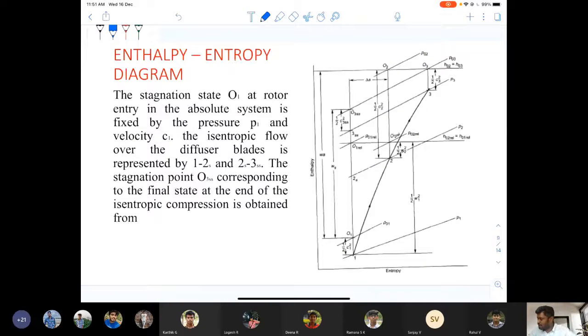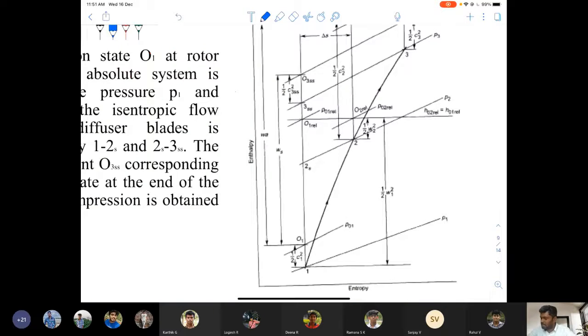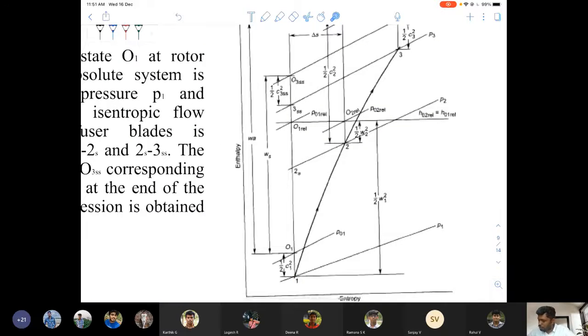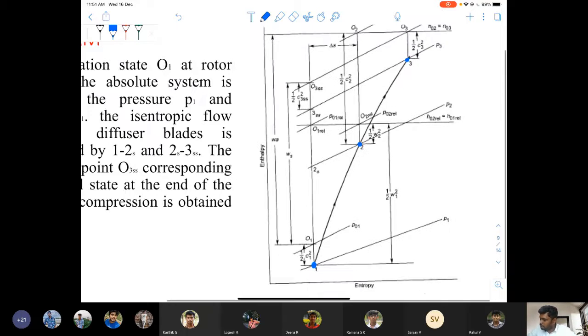You can see in this velocity diagram that 1, 2, 3 is the total stage. This is 1, this is 2, and this is 3. This total process from 1 to 3 is considered to be the actual work, and 1 to 2 is for the rotor.